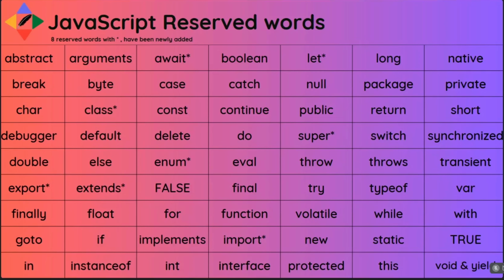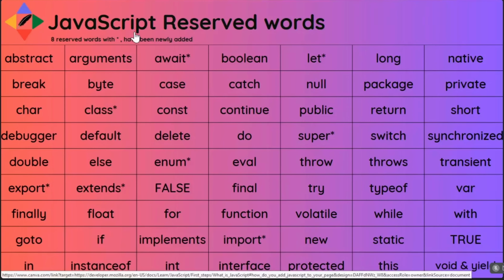As there is an advancement in technology, the language also evolves. New keywords will be added, and older ones will become obsolete or might be deleted. A good example is await, class, super. These are the 8 reserved words newly added to JavaScript.